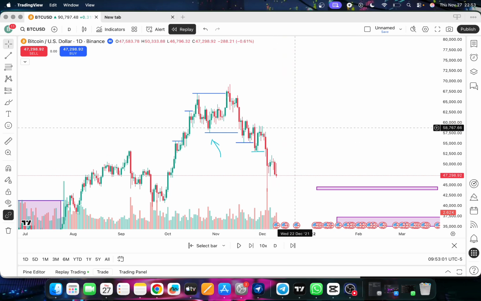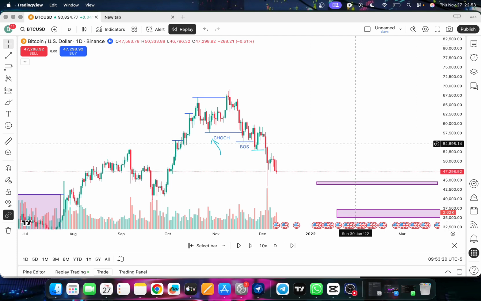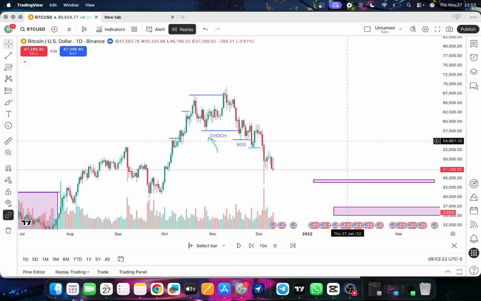And remember what I said, when it takes out that first low with a candle body, it's called a CHoCH, the first one, and then the second one we call a BOS, and then it's BOSs from that point onwards until price reverses and takes out a high in the opposite direction.